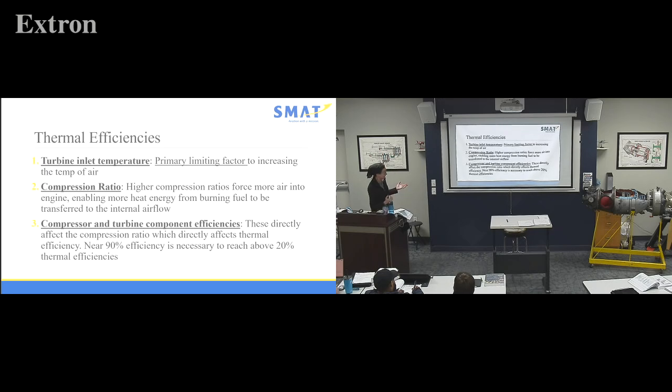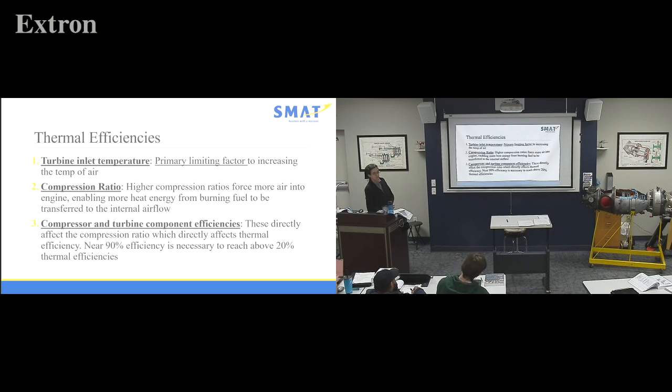or melt. One of the things you want to remember is you see up on that first line, you notice this primary limiting factor is underlined for a reason. I would study that hard if you see it. But if you're going to design an engine, what's going to cause you to limit how much fuel you can burn and how much heat you can impinge on the turbine inlet blades is going to be temperature.